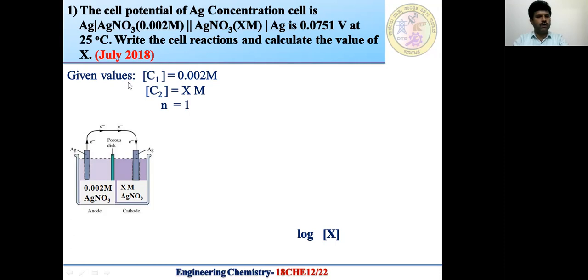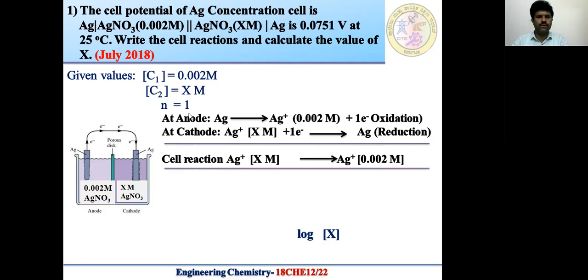The given values are the C1 concentration, that is 0.002 molar, and the C2 concentration, that is X molar, whose value is to be determined. And the value of n is equal to 1, because the valency of silver is 1, hence 1 mole of electrons is involved in the reaction.